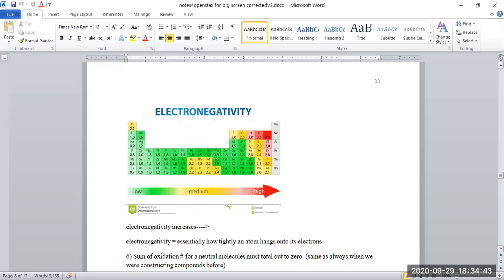You'll note if you look on the left-hand edge of the table there, with the exception of hydrogen, which kind of has its own thing going, all the other ones have quite a bit lower number values. 1.0 for lithium, 0.7 for cesium, so they're all kind of small in comparison. Later, this will circle back around and we will use electronegativity again in a later chapter, but it's introduced the first time for this chapter.